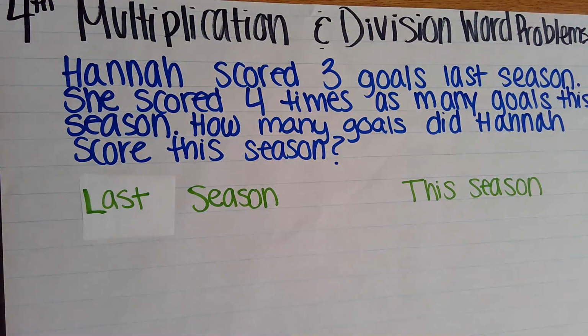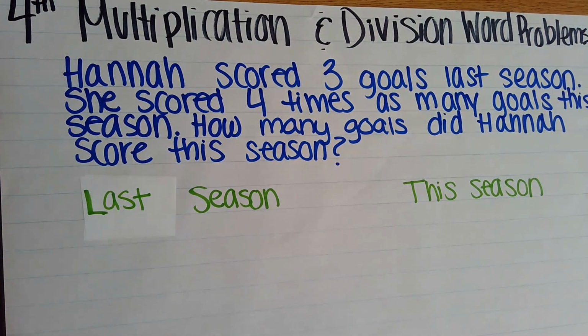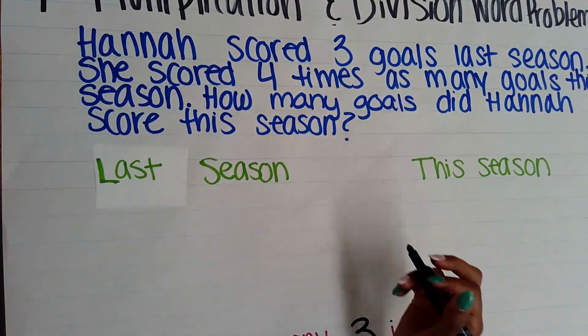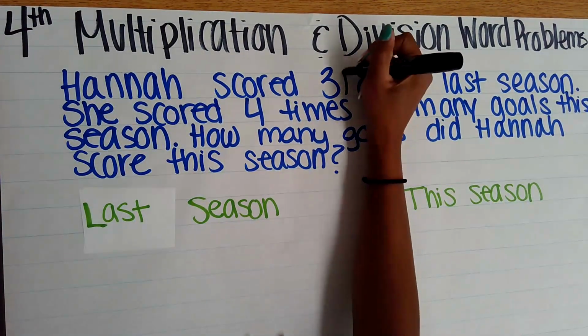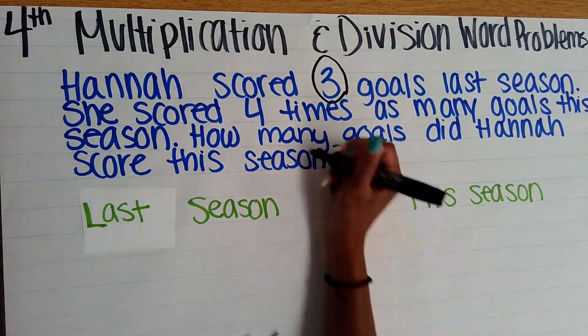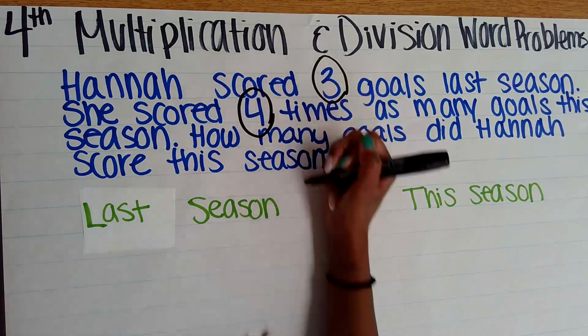So if we start with our first problem, Hannah scored 3 goals last season. She scored 4 times as many goals this season. How many goals did Hannah score this season? So if I go back and I CUBES my word problem, I'm going to start with my key numbers. So I have 3 and then I have 4.